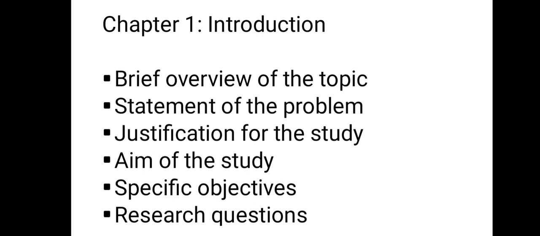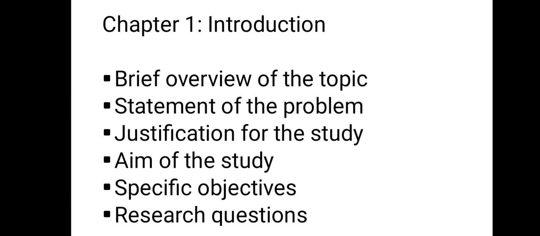And then there are specific objectives. Specific objectives are usually a subunit or a subsection of the aim of the study. When you have an aim, you have to break down the aim into 2 or 3 smaller units. And those smaller units will help you to achieve the major aim when you achieve them individually.